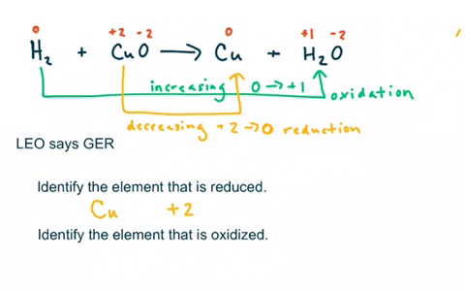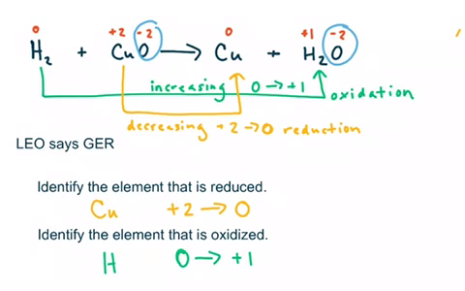So you'll write it's going from +2 to 0. Now on the flip side, the element that's oxidized in this case is hydrogen, and its oxidation state is increasing from 0 to +1. And if we notice, oxygen didn't have a change in oxidation number, so it was neither oxidized nor reduced.